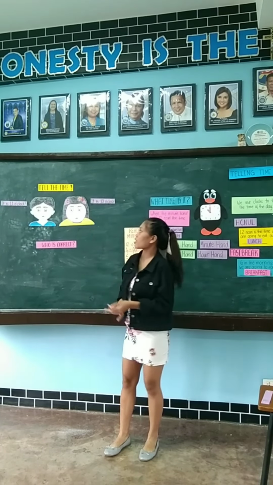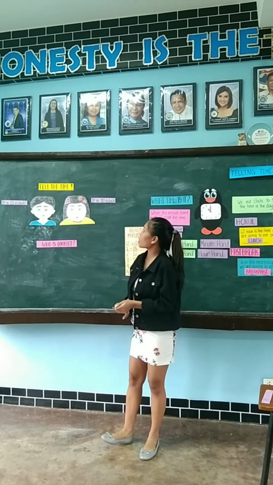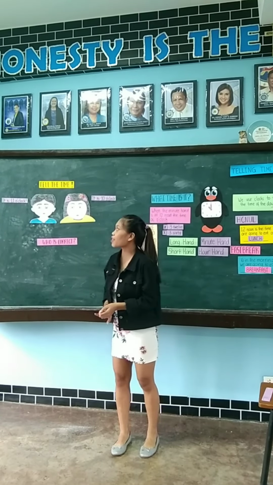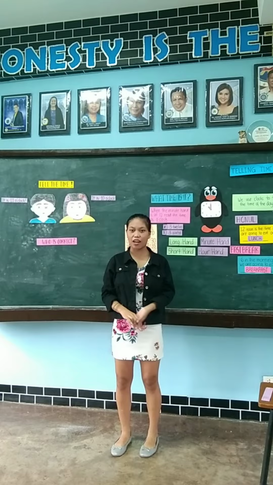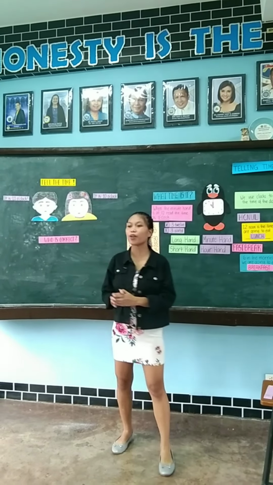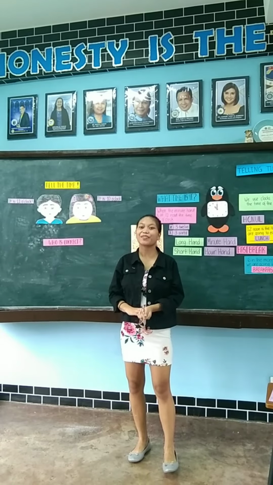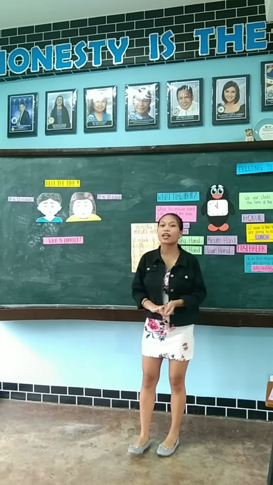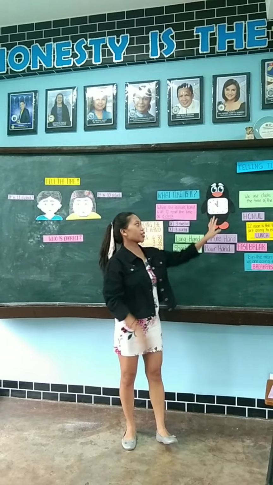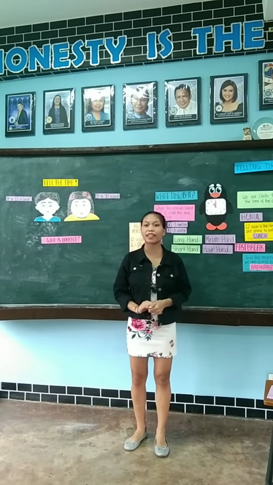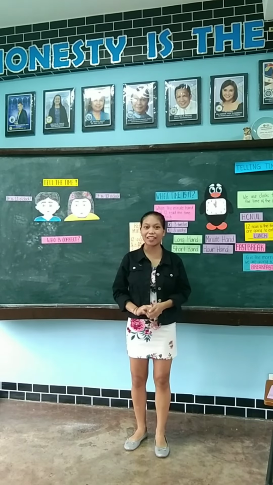Now, Rita says the time is 10 o'clock, while Rico says the time is 11 o'clock. Once again, who among these two is telling the correct time? Very good. It is Rico, since the shorter hand is pointing at 11. So it will be read as 11 o'clock.